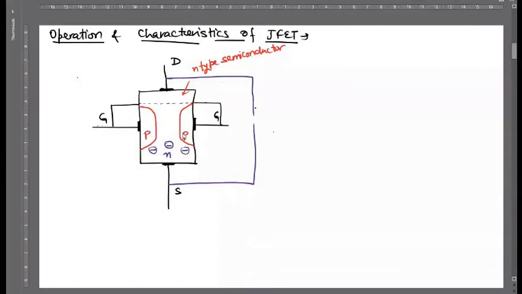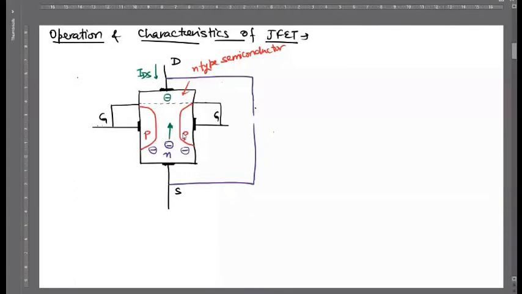This is like the collector. It collects the electrons, meaning we have electrons at the source end, and these electrons must reach towards the drain end, and the drain will collect these electrons finally. And if this is the direction of flow of electrons, then definitely current will flow in the opposite direction, and this current is known as IDS, the drain current, ID.